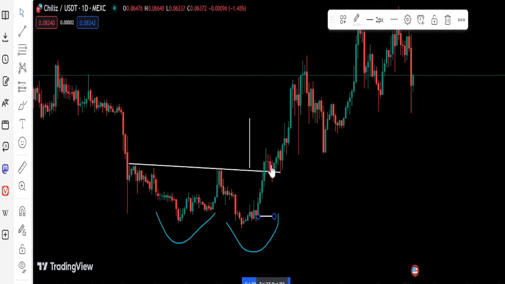Now this price can push downwards below this neckline, but you have to wait until the price closes above this neckline. That's when the price is pushing upwards, and you find something like a doji candle here, for example this candle.